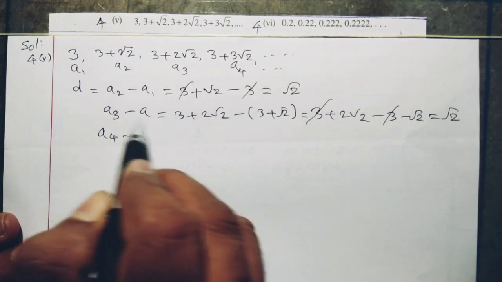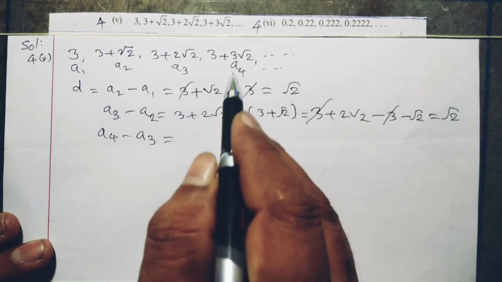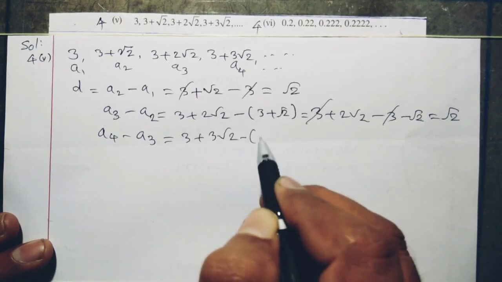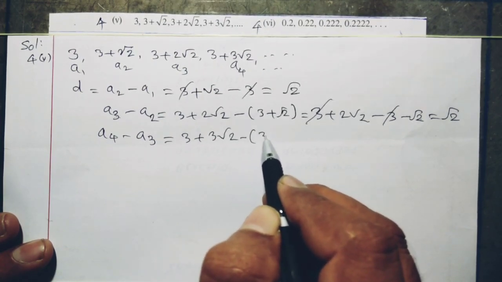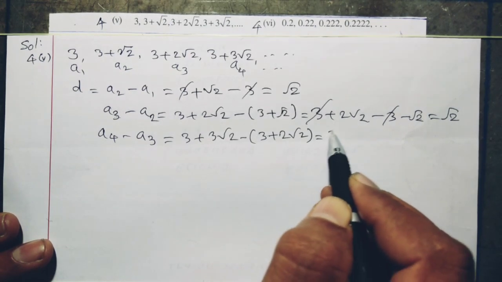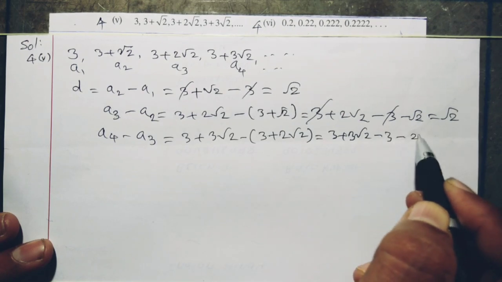a4 minus a3: 3 plus 3 root 2 minus (3 plus 2 root 2), which is 3 plus 3 root 2 minus 3 minus 2 root 2.